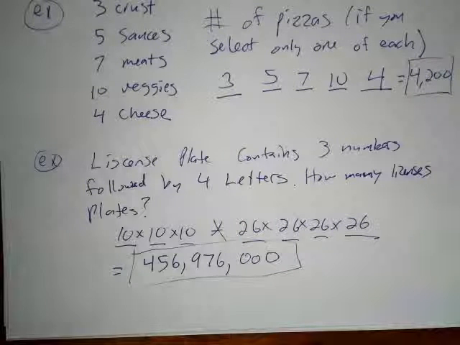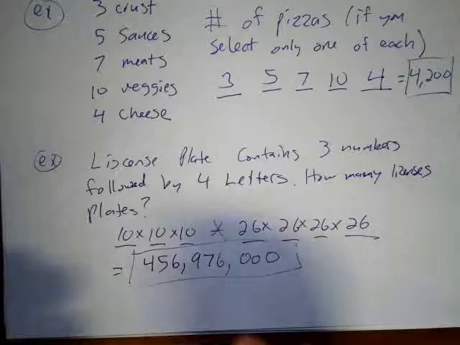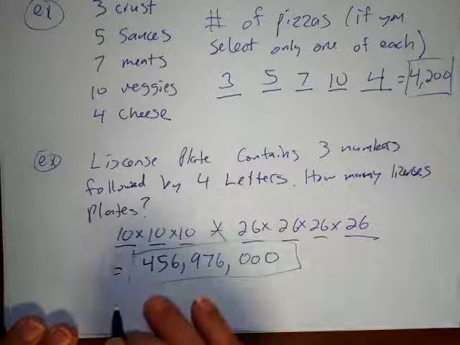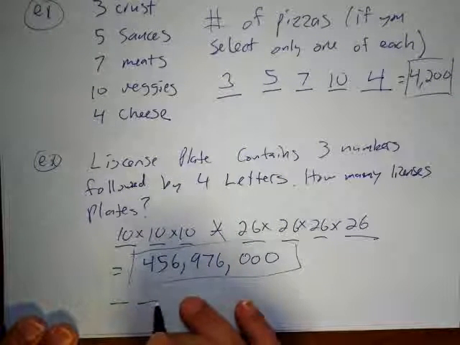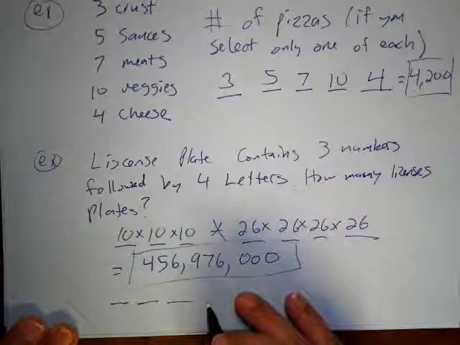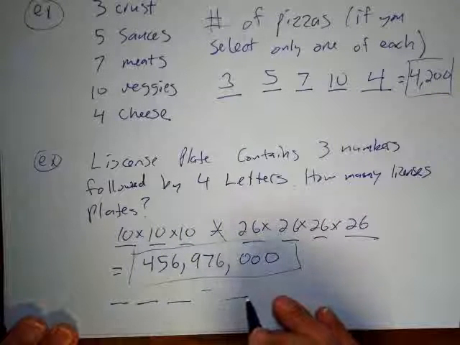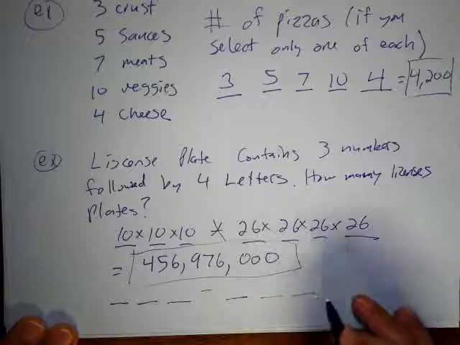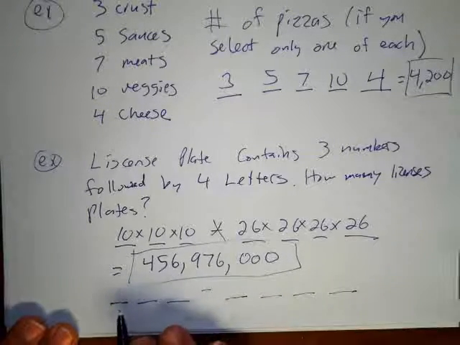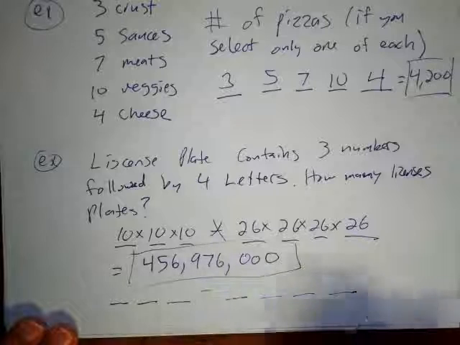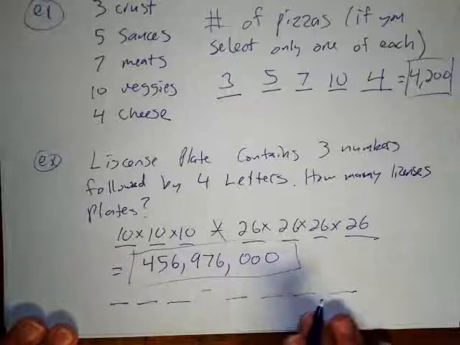So now let's do one more example here where I want to know how many license plates you can do if you cannot repeat a number or a letter, right? So you can only have the letters there once, the numbers there once.